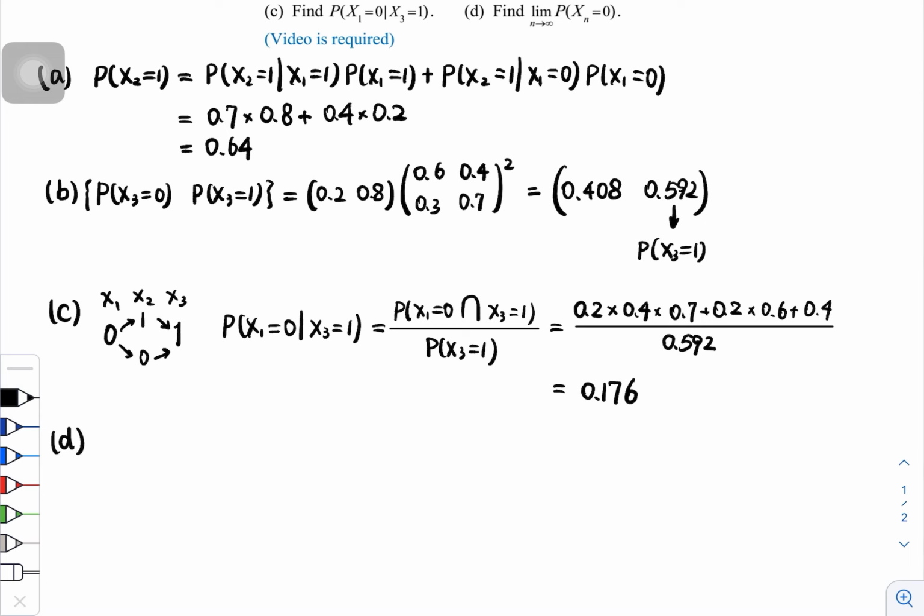The D part. We use the similar method in B to represent the whole situation.